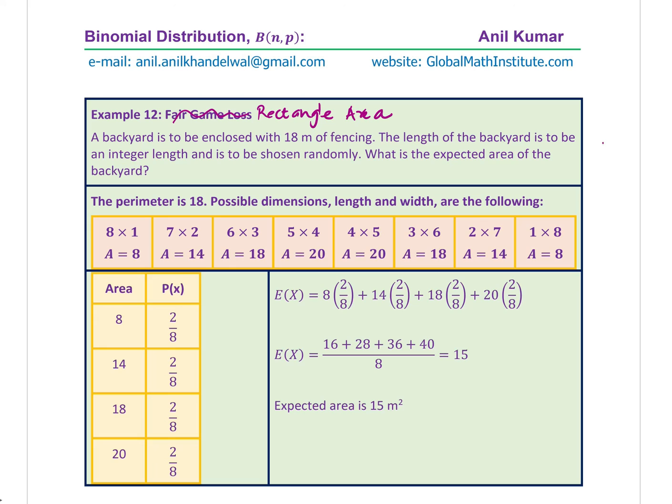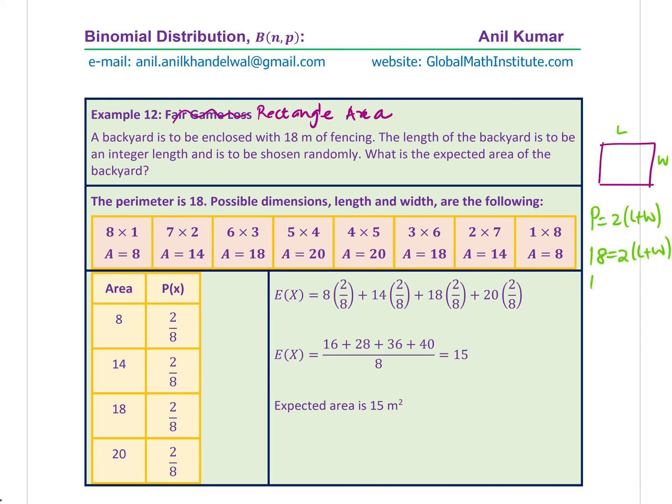So the fencing, let us say, which is enclosing the backyard, we know the perimeter is 18. So think like this. We have a rectangular backyard whose length and width we need to figure out. It is randomly selected. But since the perimeter, which is twice length plus width, is given to us, which is 18, so 18 equals twice length plus width.